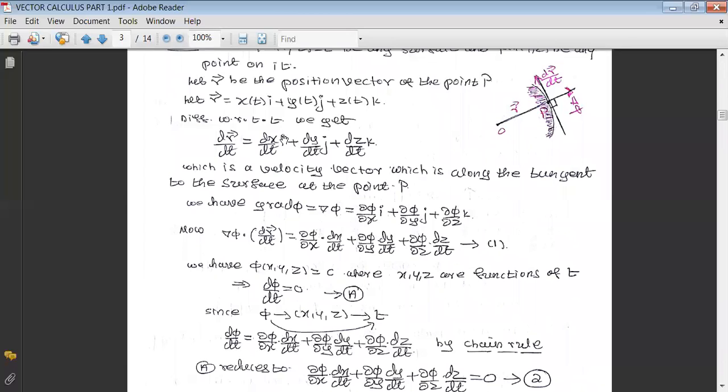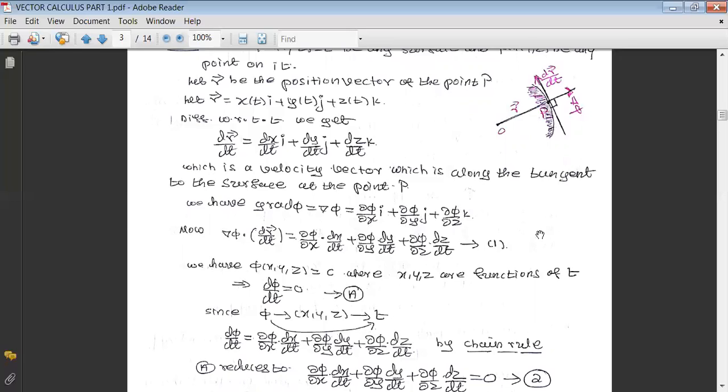Now, let us consider the dot product of del pi and dr/dt, because both are vectors. We know that the dot product is nothing but the sum of the products of the respective components of the two vectors. First, let us multiply the first components, that is ∂pi/∂x into dx/dt plus ∂pi/∂y into dy/dt plus ∂pi/∂z into dz/dt.